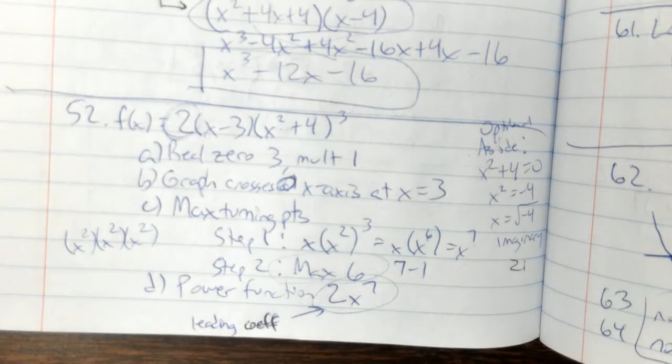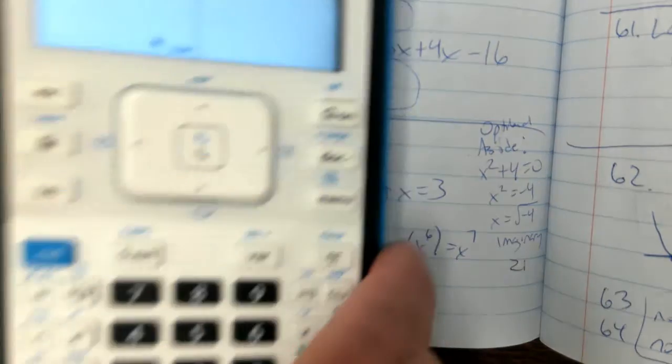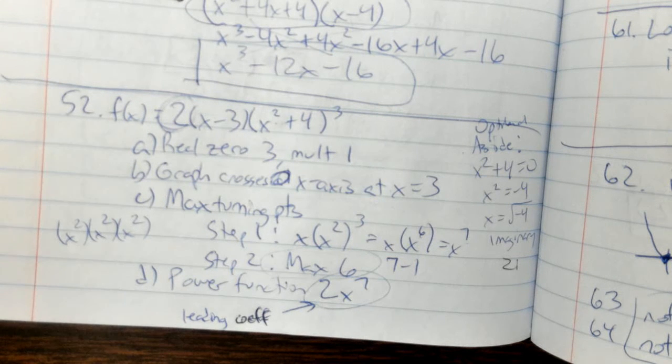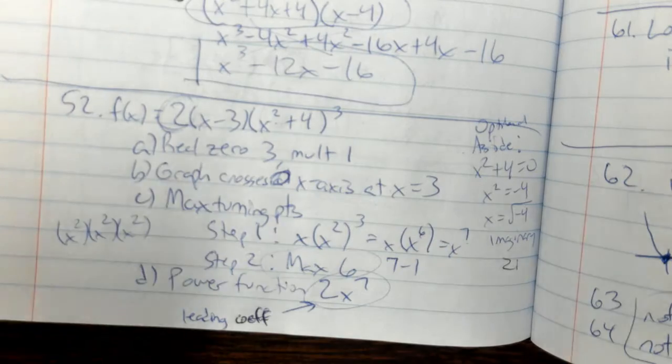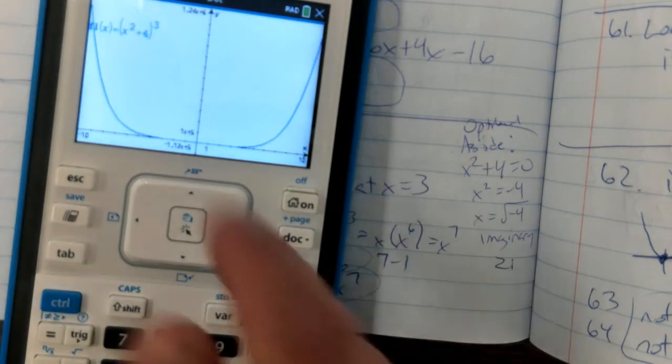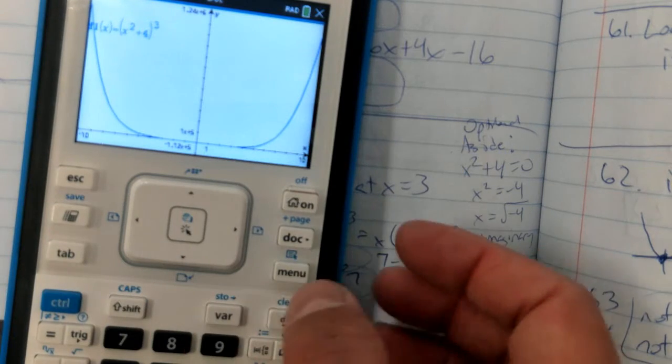If we go to just x squared plus 4 to the third power, well, that didn't show up on here. Let me do zoom fit again. That looks like it's touching, but it's not.